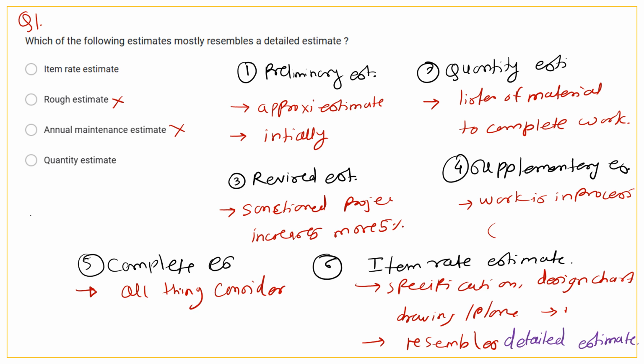So here option number 1 is correct, which is item rate estimate. This item rate estimate resembles the detailed estimate.